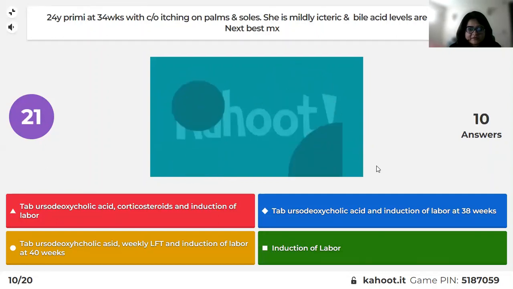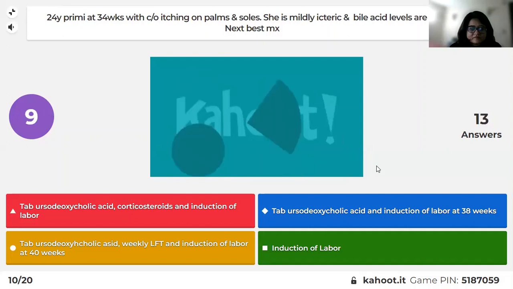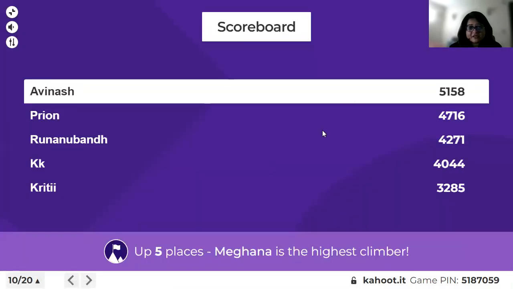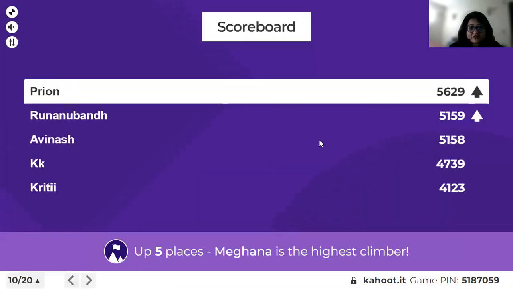Answer quickly. Yes. So what is the diagnosis? It is obstetric cholestasis. Prion is on top. Obstetric cholestasis. We deliver at 38 weeks. All right. So that is why the answer was that.